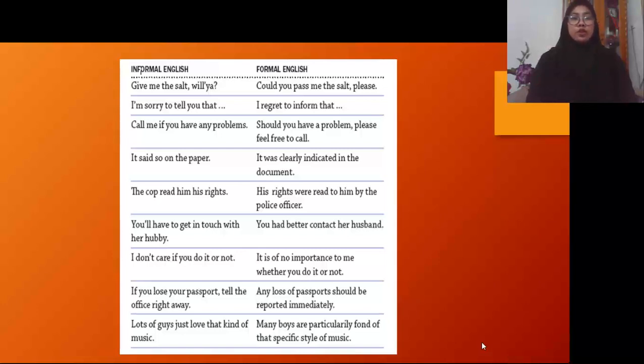For example, like this one. When you want to use the formal conversation, you can use the word please, and the use of could, would you like, would you, and then behind it you can add the word please.